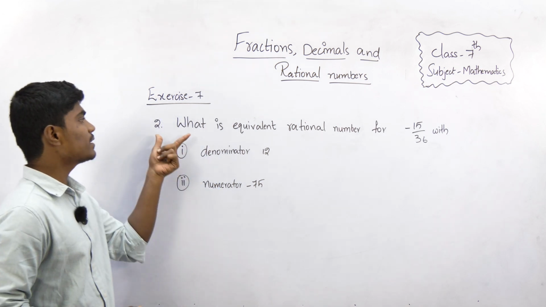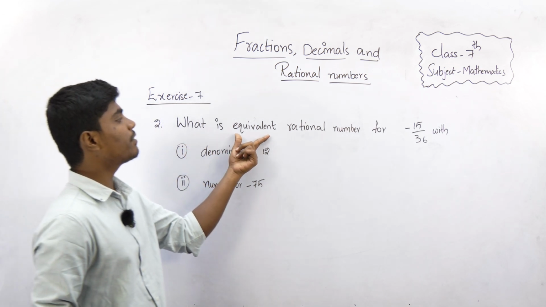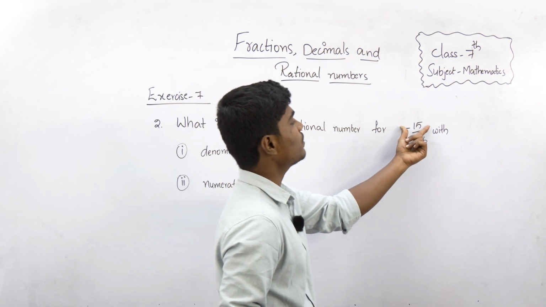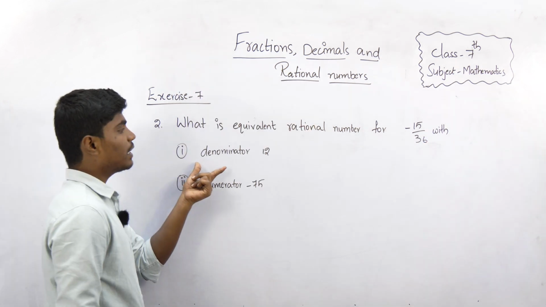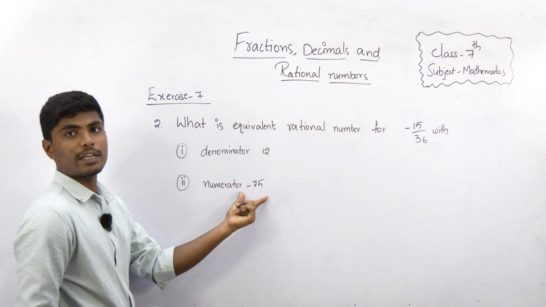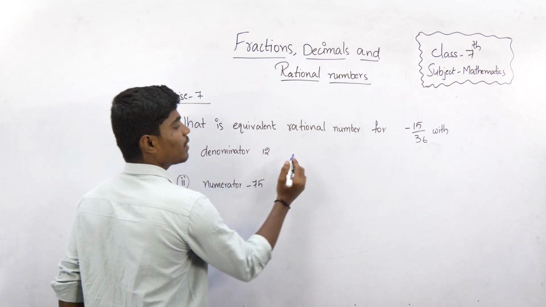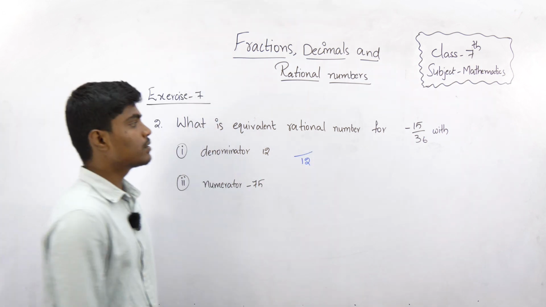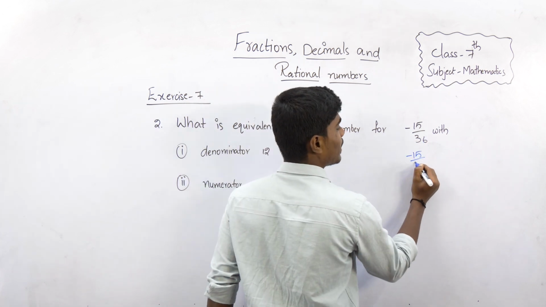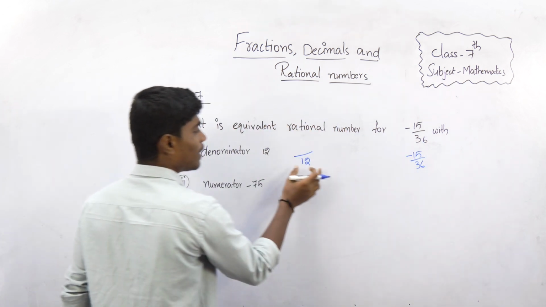Now let's move to the second problem. What is the equivalent rational number for minus 15 by 36, first with denominator as 12? The denominator should be 12. So here we have minus 15 by 36, and this should be equivalent to the new number.